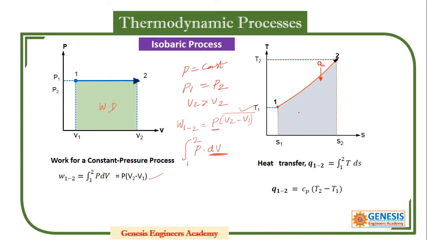The area under any process on the TS diagram gives us heat transfer. So next, the mathematical formula for heat transfer is equal to integral 1 to 2 T into dS.